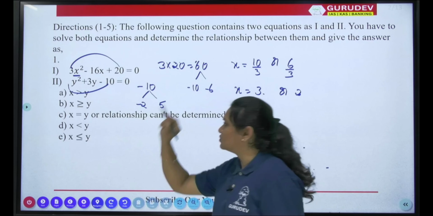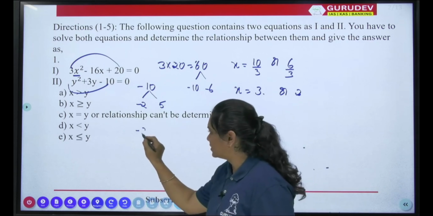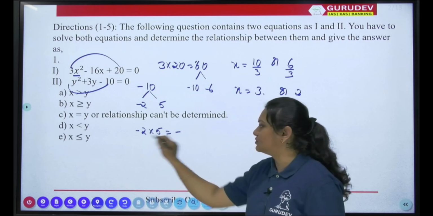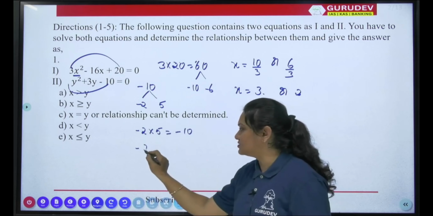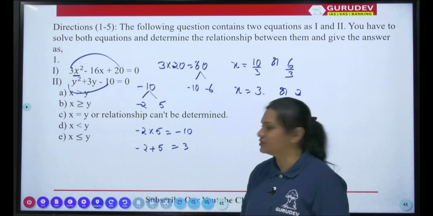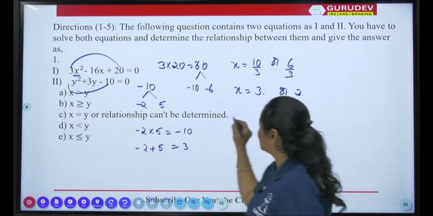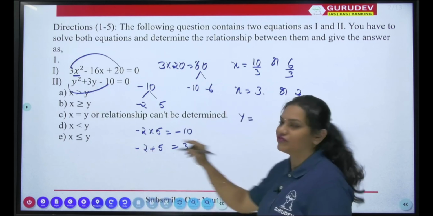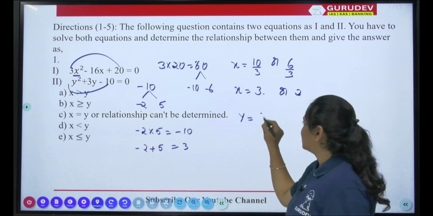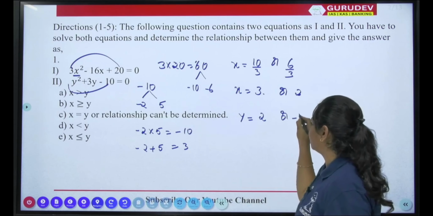So we take the minus sign with 2: minus 2 into 5 is minus 10, and minus 2 plus 5 gives positive 3. It is satisfying, so the roots of y are 2 and minus 5.